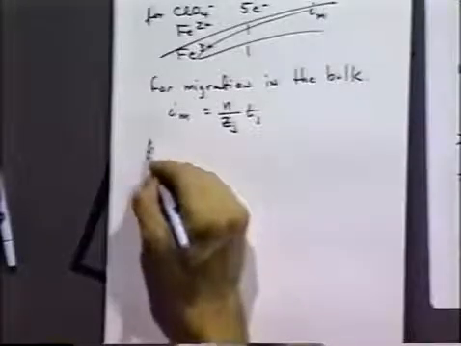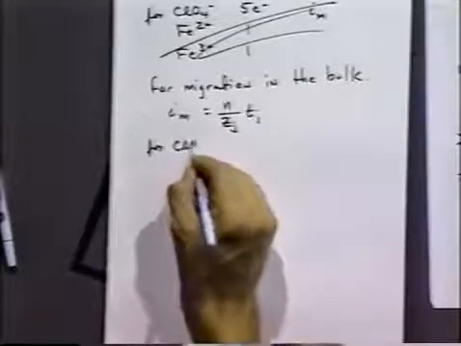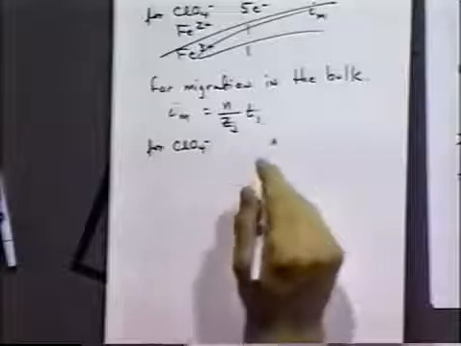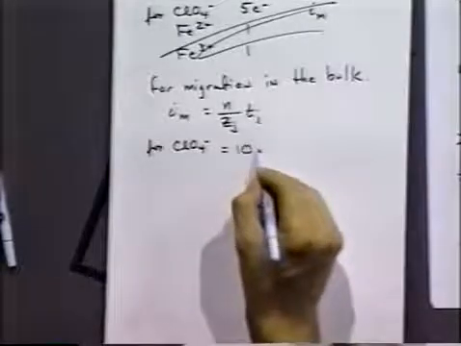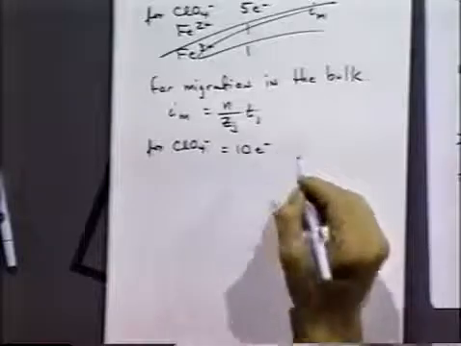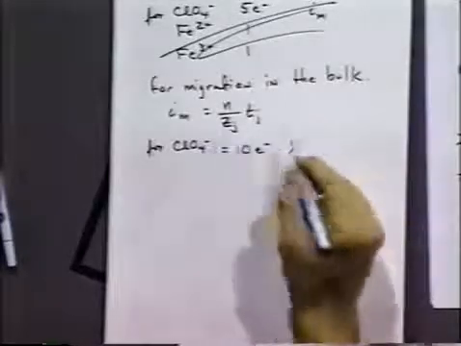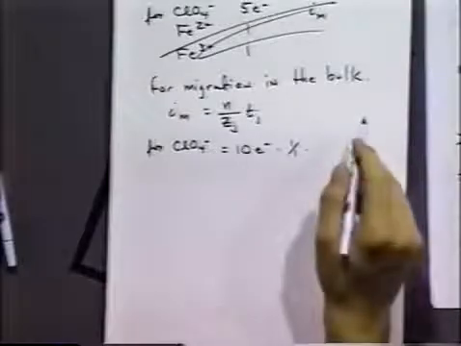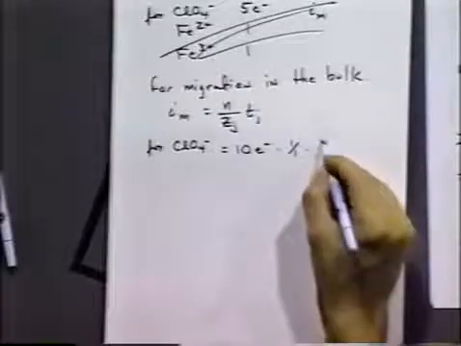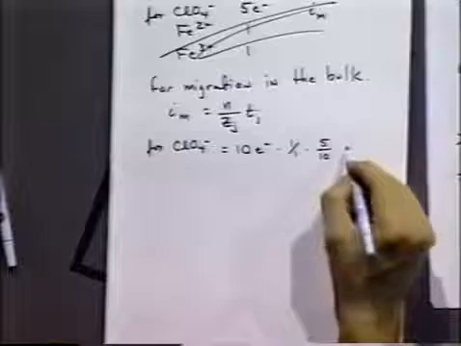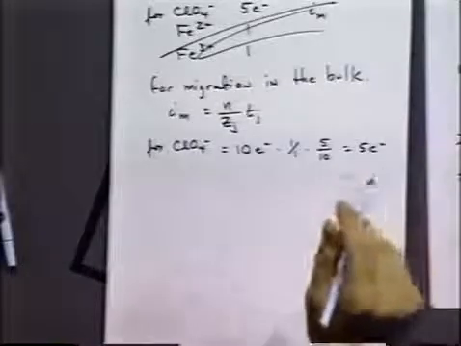So for perchlorate, it's 10 electrons times the charge, which is 1 over 1, times the transference number, which is 5/10. And that equals 5 electrons.